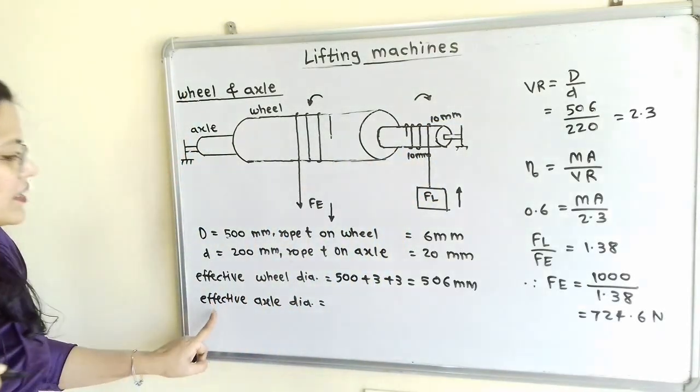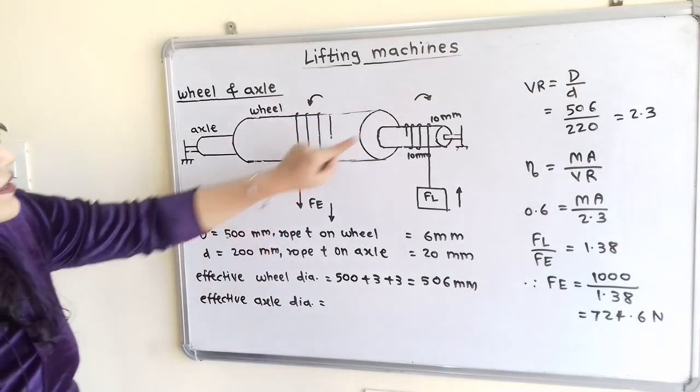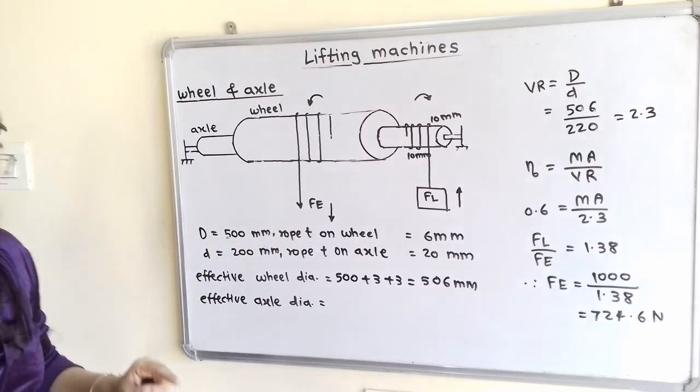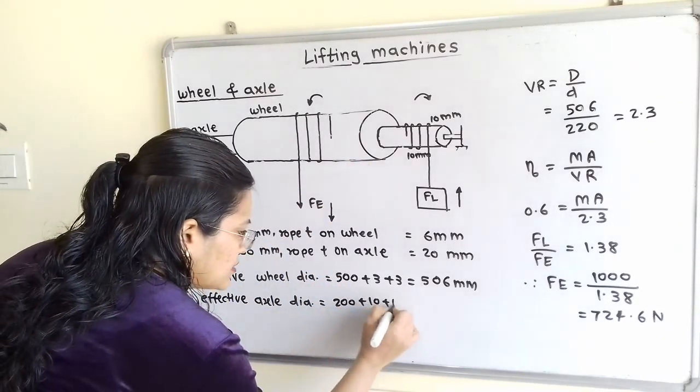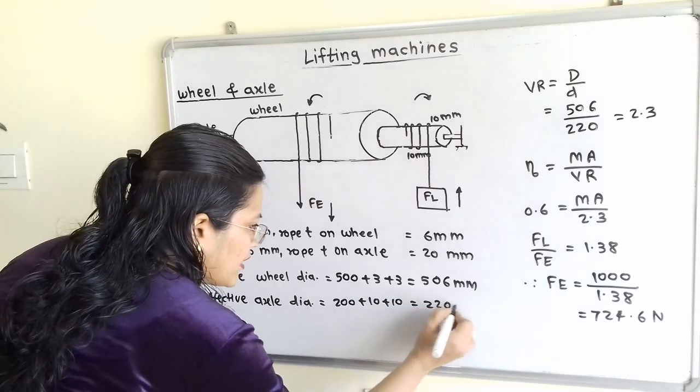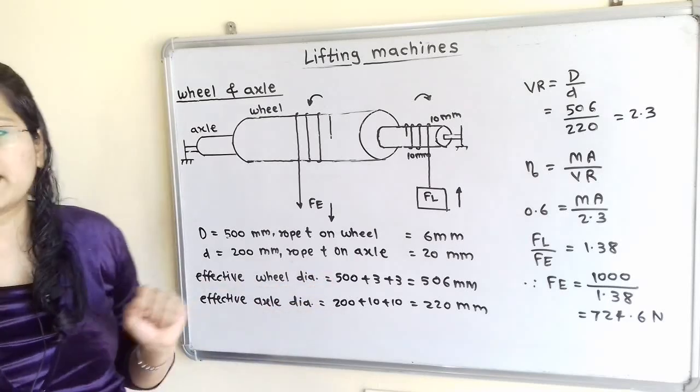So how to calculate effective axle diameter? So this original 200 plus 10 plus 10. So I will write here 220 mm. So these are the values of capital D and small d.